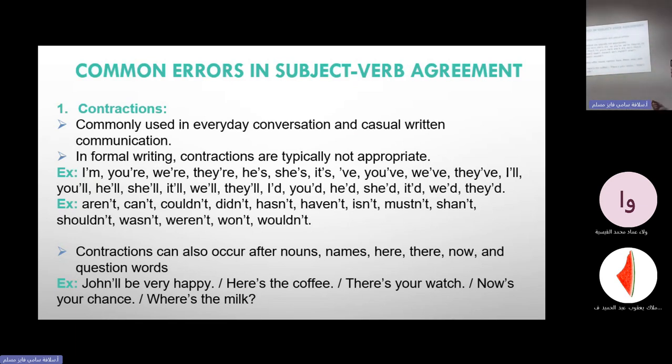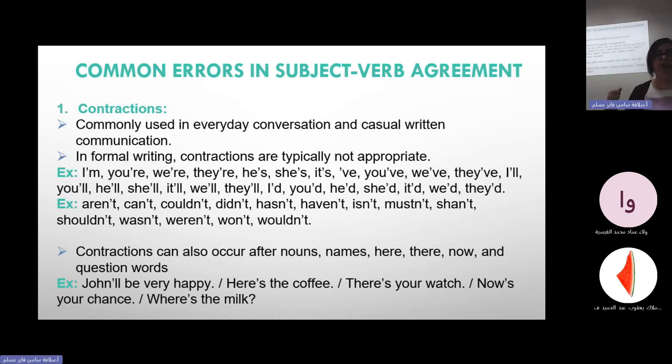So let's see. For example, these contractions are commonly used in everyday conversation and casually written communication. When I say I'll go, not I will go, I'll go, I'll eat. Okay? I won't, not I will not. So you say it using contractions.